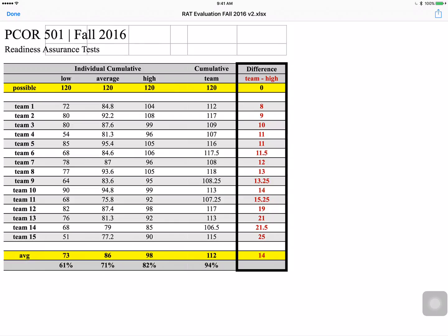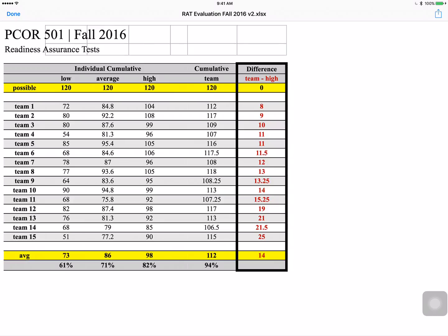The very left column shows that there were 15 teams overall for the quarter, and this includes online, on campus, and hybrid, so all of the teams are represented here. They are not in order from A through O; they're in a different order, so if you look closely, you would be able to find your particular team.